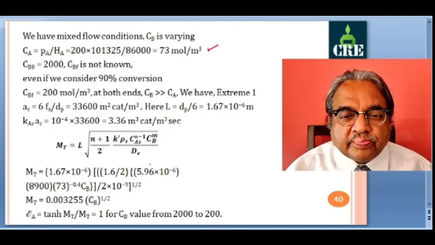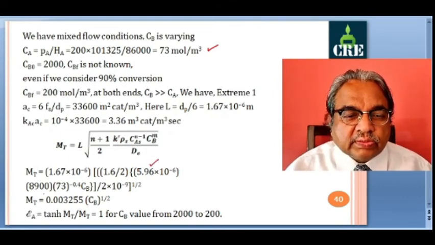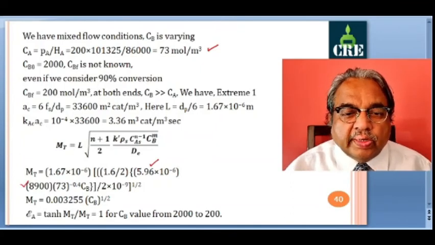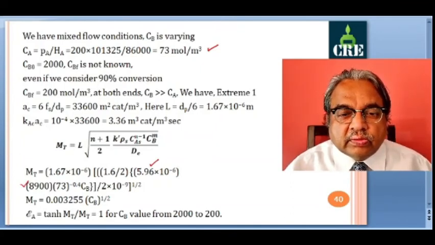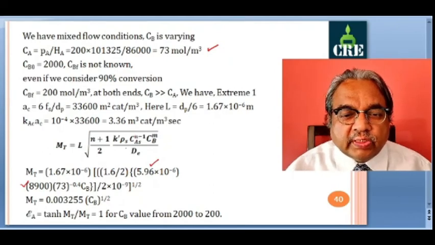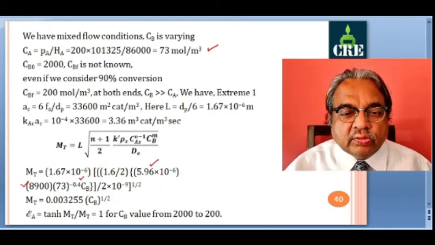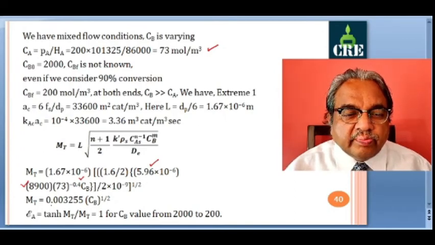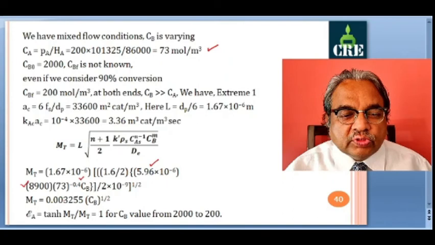K prime into rho s, and this is n minus 1, so minus 0.4, Cb raised to 1. So Cb will be there, square root of this. So solving for all the known values, we get mt is equal to 0.003255 Cb raised to half. So this will vary with Cb.